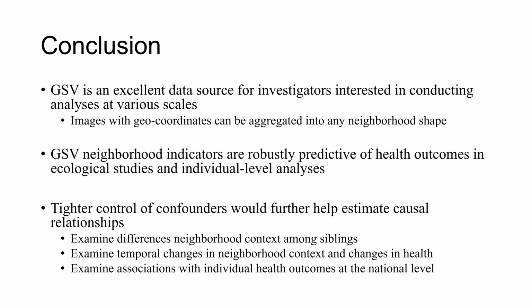But we have already gotten approval to merge the Google Street View derived predictors with NHANES. NHANES has census tract, and the restricted version has zip code and census tract IDs. So we are going to merge our predictors and try to look at health outcomes at the national level with NHANES.